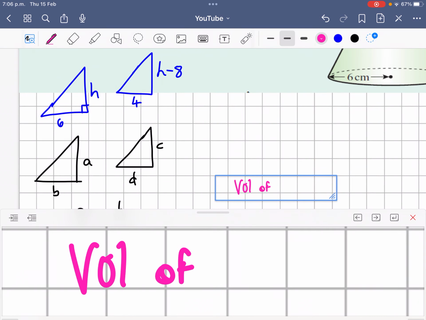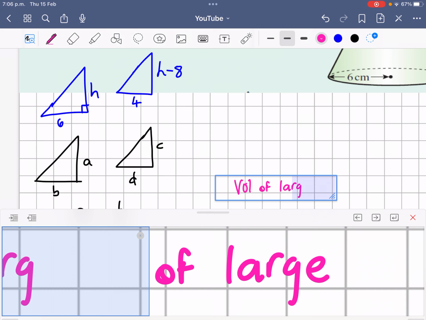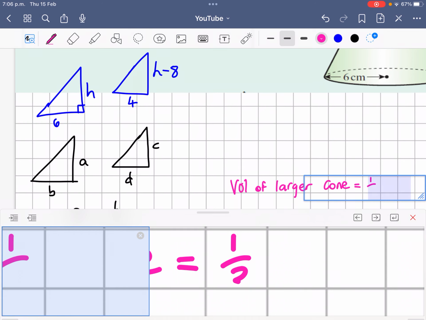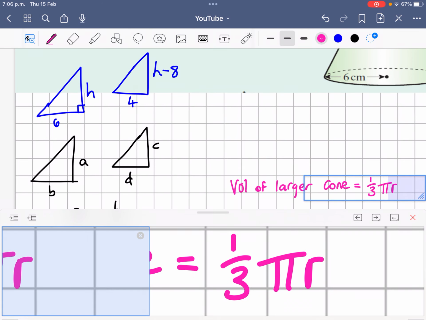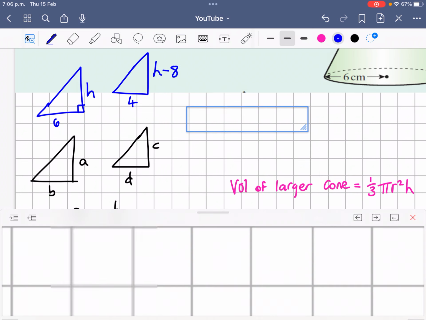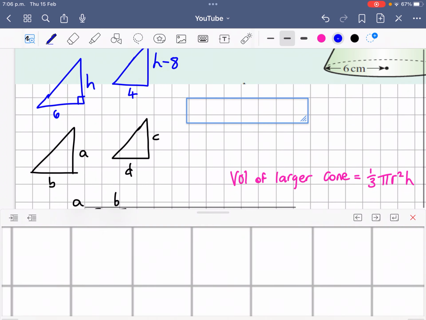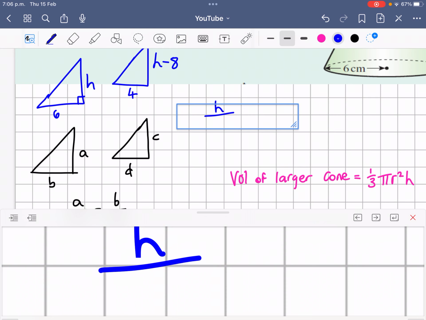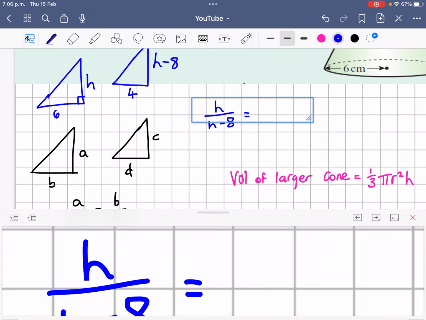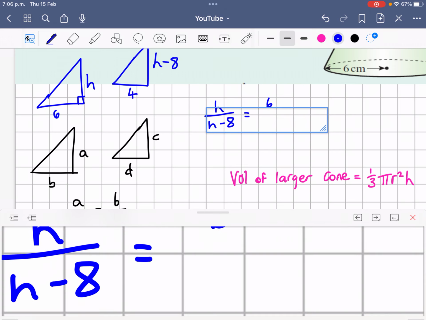And if we find h, then we would be able to get the volume of the cone. Volume of your larger cone, because your formula is equal to 1/3 pi r squared h. So we need to know the height. So we're going to find the height, and we have our two triangles in blue. So here we have h all over h minus 8 is equal to 6 over 4.